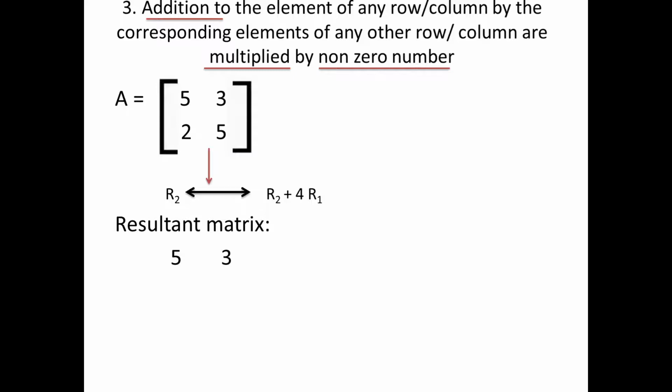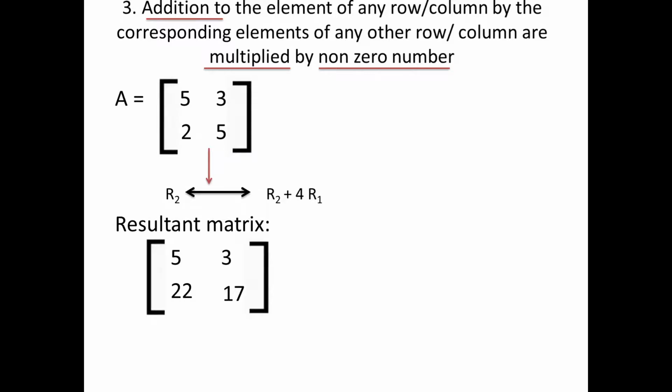That is, 4 into A11, that is 4 into 5, plus 2. What will I get? I will get 22. In the same way, the second element of the second row will be 17. Now how will I get this? 5 plus 3 into 4. Right? So I will get 17. So this is my resultant matrix.